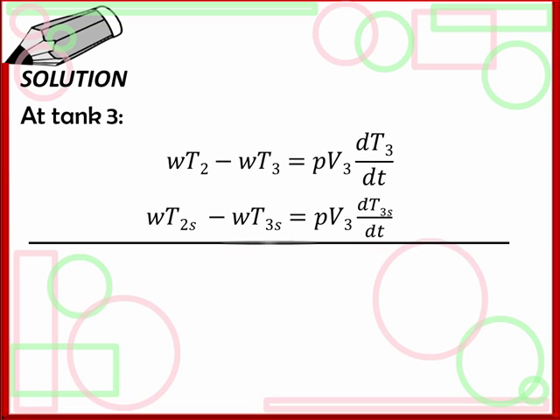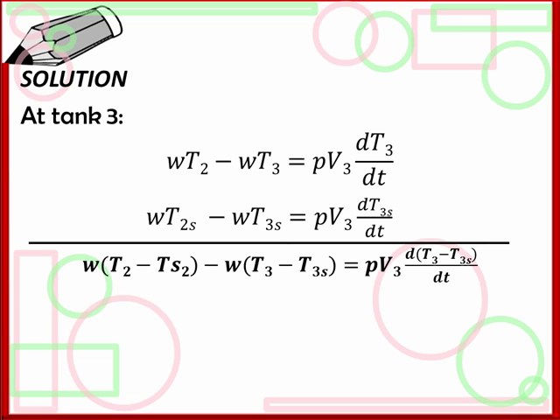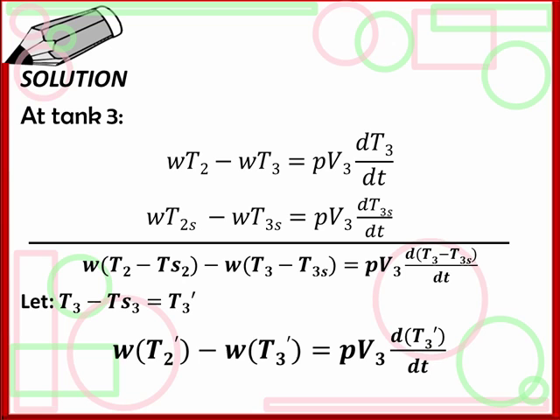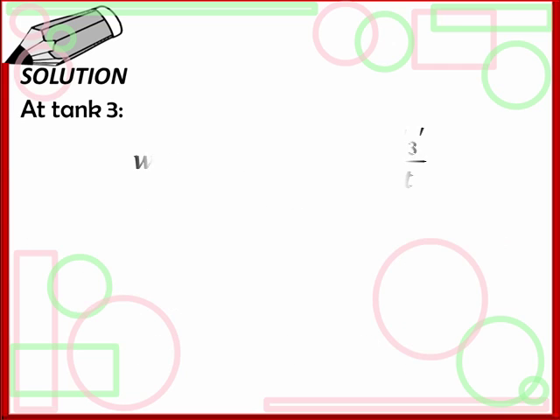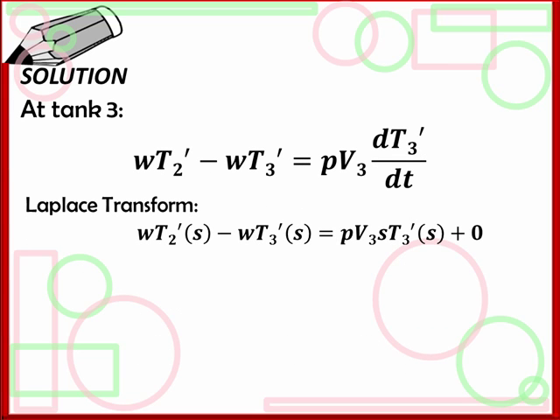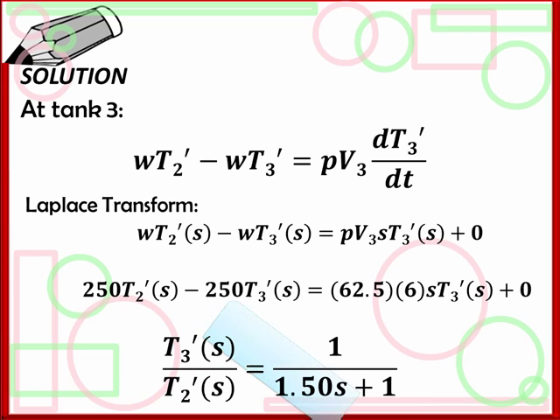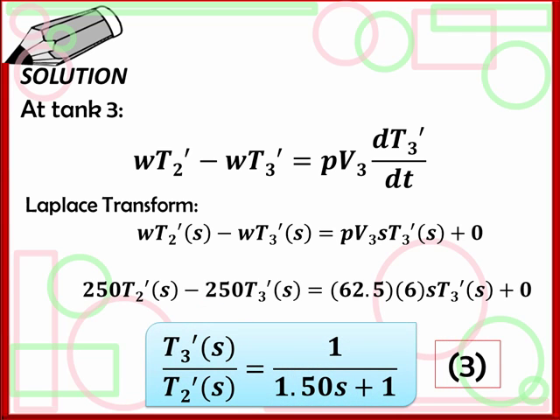Subtracting the two, we will get, introducing the deviation variable T3 prime and substituting it into the expression, reduced into wT2 prime minus wT3 prime is equal to the density times the volume of tank 3 times dT3 prime over dt. Getting the Laplace transform and substituting the values, we get the third transfer function relating T3 prime and T2 prime.